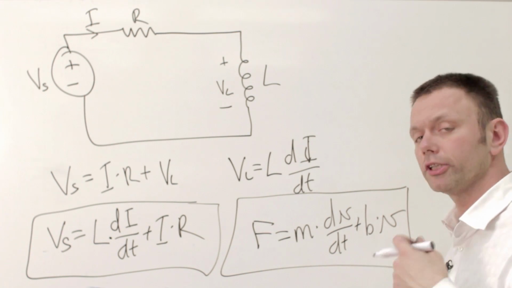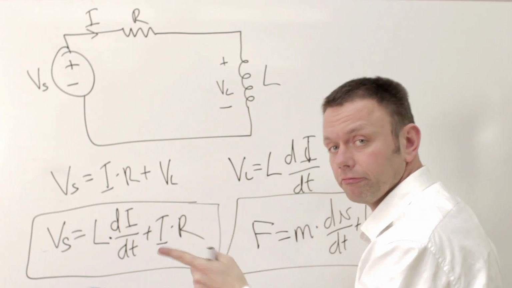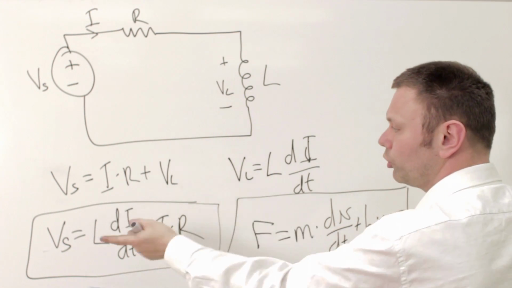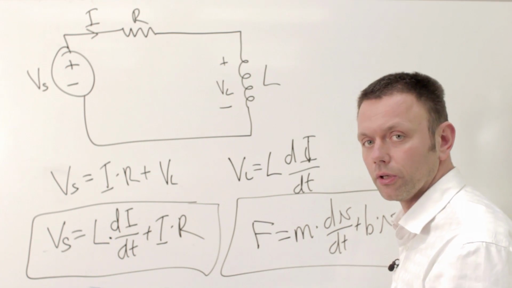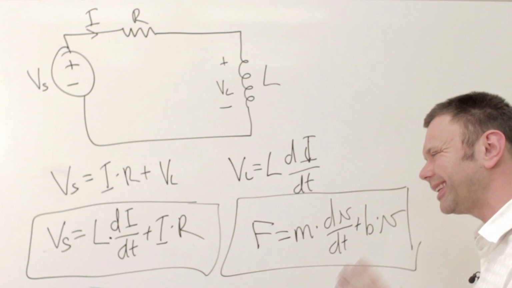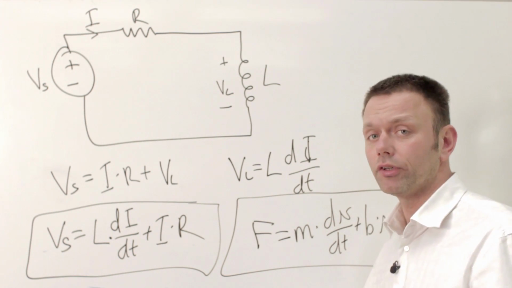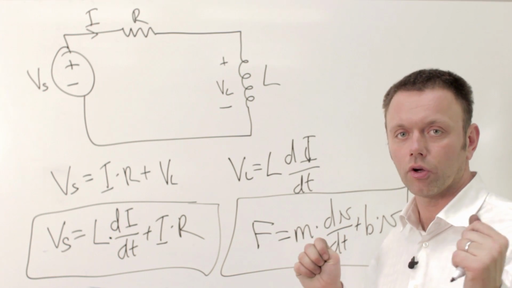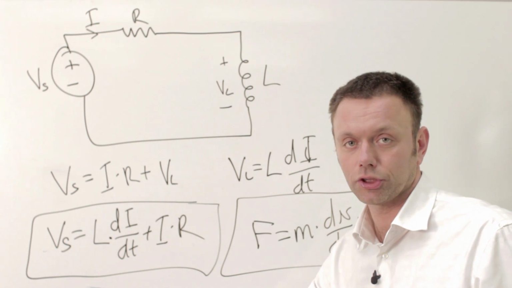The reason why we call them first order is because the order of the differentiation in them is first-order differentiation. So here we have two seemingly disparate systems, one is mechanical, one is electrical, but they're actually described using the same equation form. And unsurprisingly, their responses will also look exactly the same when we apply a constant force to the mechanical system or a constant voltage to the electrical system.